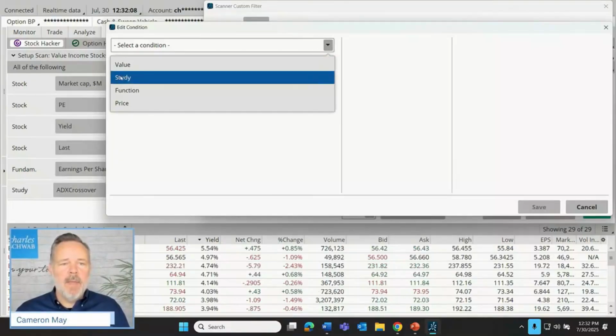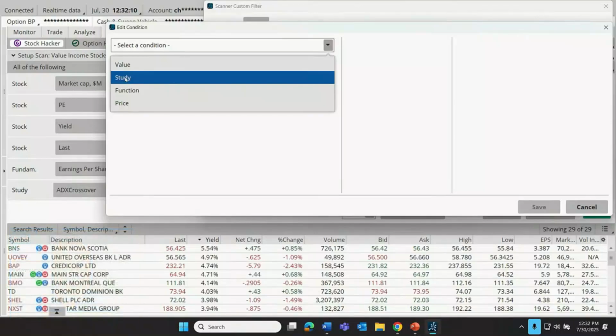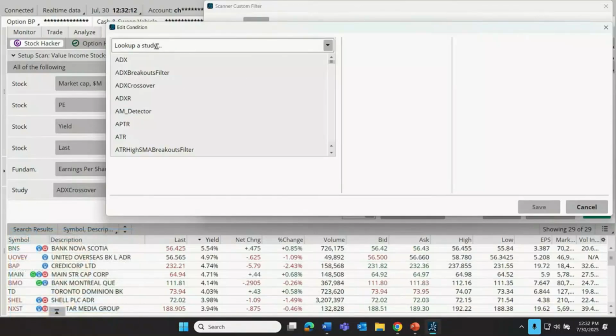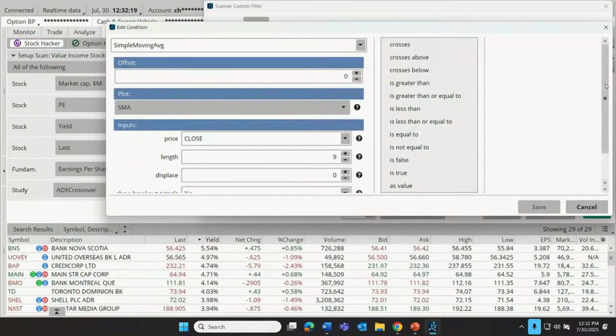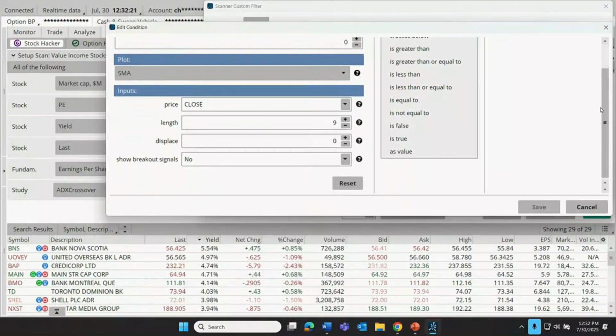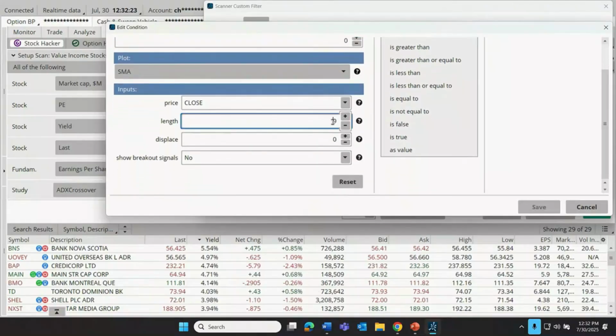All right, well, this is going to be a study screen. So let's choose study. We were using simple moving averages. So I'm going to look for simple. Let's add a simple moving average. And then as I scroll down through, it's going to ask us, well, what's the length of our moving average? We were looking at a 10. And then what do we want this 10 to do?